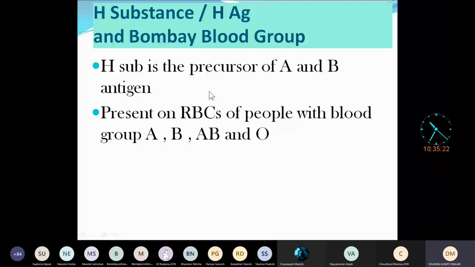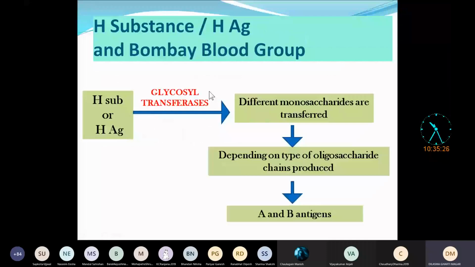Now how are these A and B antigens made, understood here? There is the H substance, also known as the H antigen. With the help of the glucosyl transferase enzymes, different monosaccharides are transferred, so the H substance will be transformed.